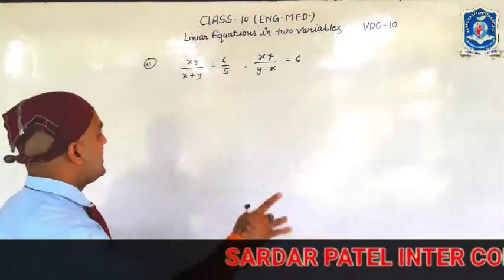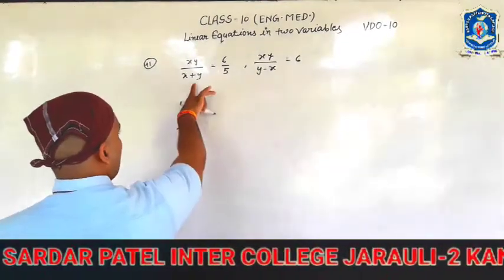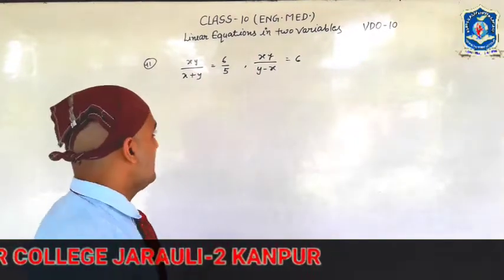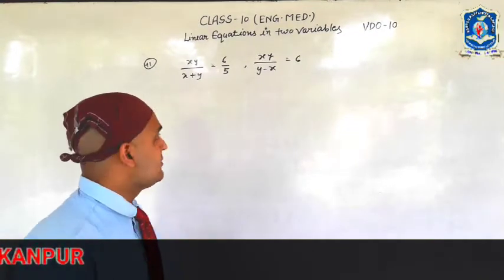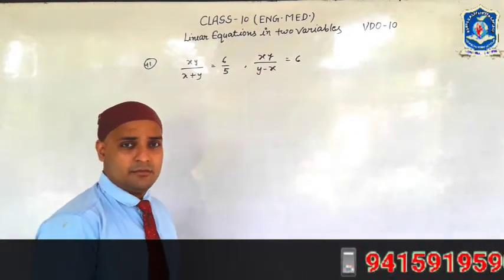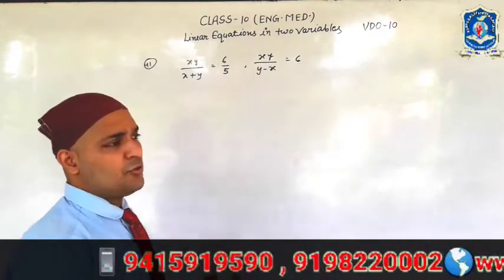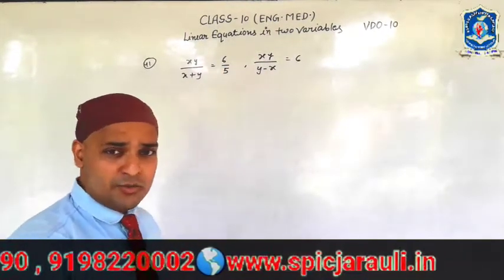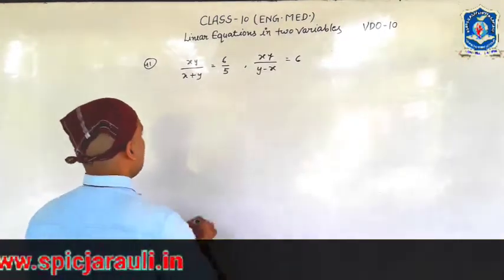If we let 1 upon x plus y or 1 upon y minus x be something, that will be converted into a or b that you let, but xy will remain. So there is a problem because xy will remain. So what should we do?